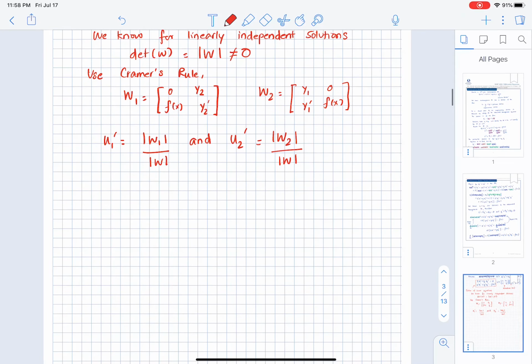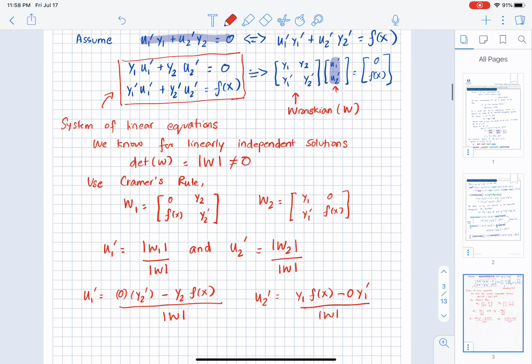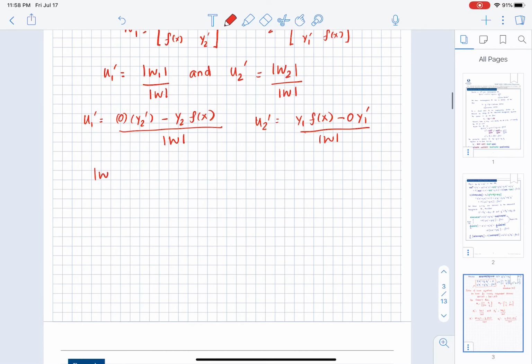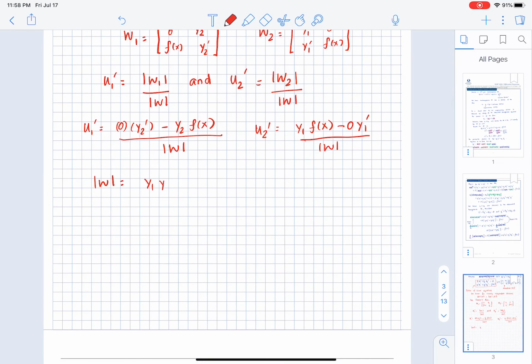We know how to find the determinant. u1 prime is simply 0 times y2 prime minus y2 times f of x, divided by the determinant of W. And u2 prime is y1 f of x minus 0 times y1 prime, divided by the determinant of W. And we know the determinant of W is simply y1 y2 prime minus y2 y1 prime.